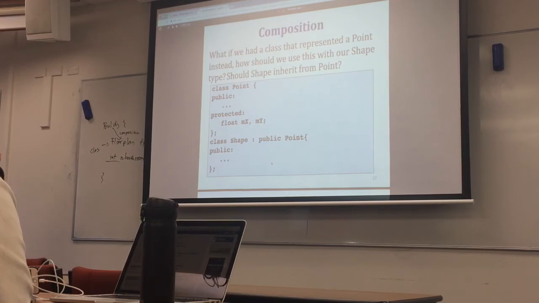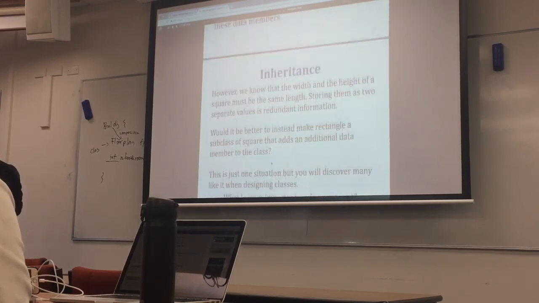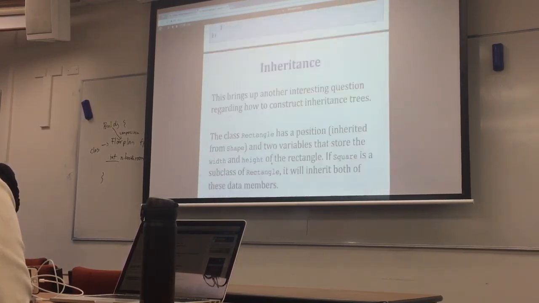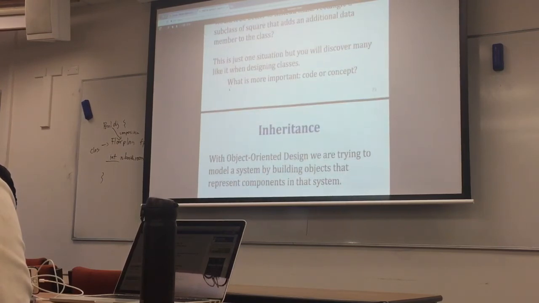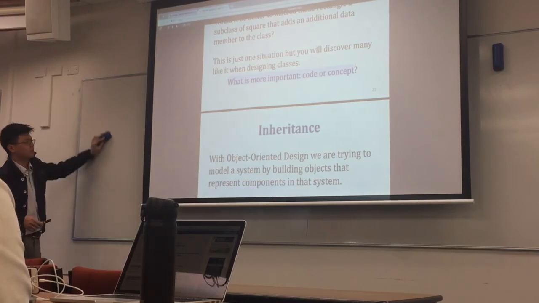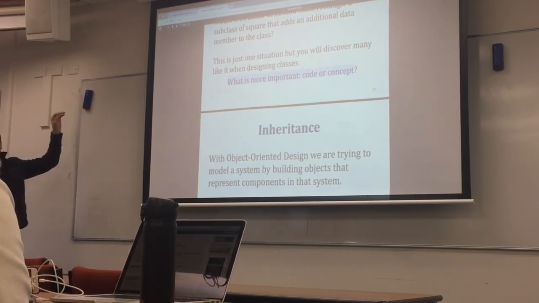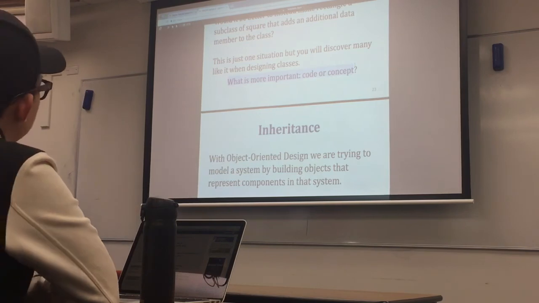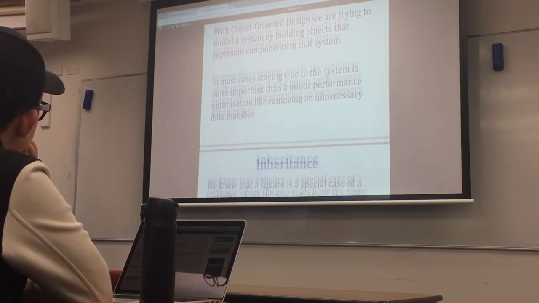Right. Again, let's go back to this slide before we go to that slide. The question that you want to ask yourself is, does it make sense to design classes not to represent a concept, in order to save some memory, to optimize a little bit of programming?